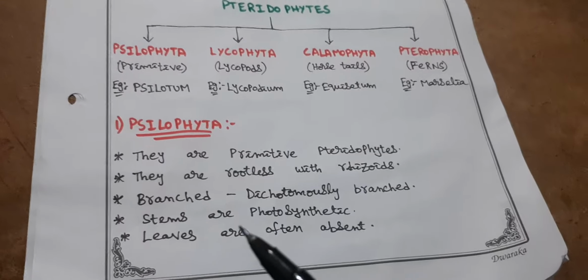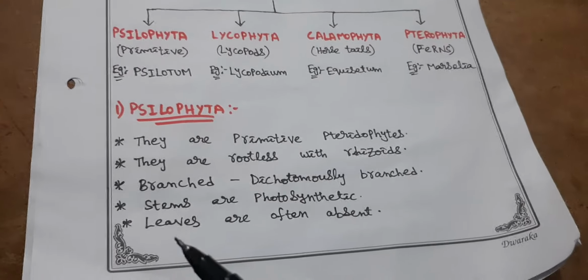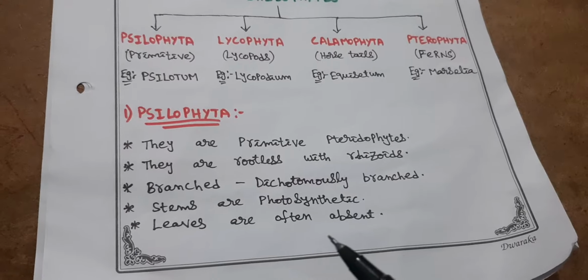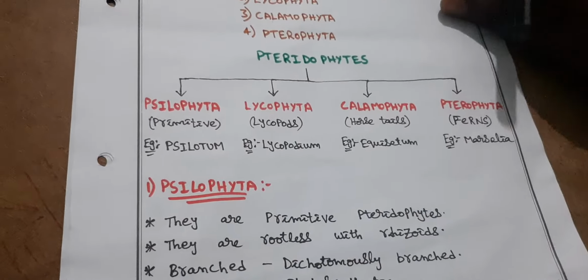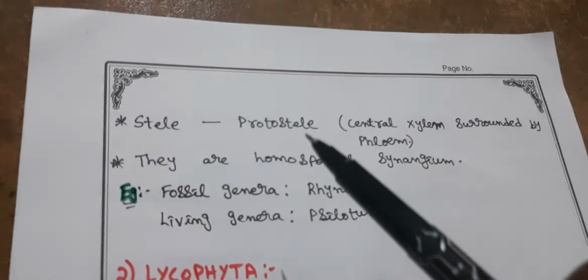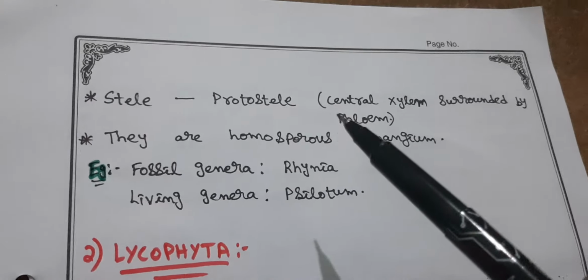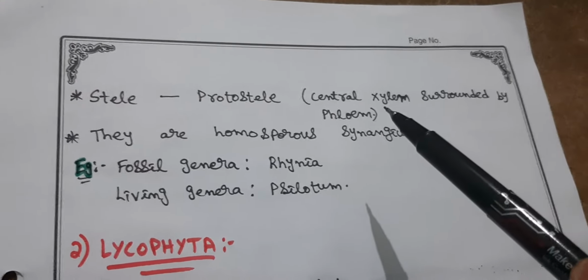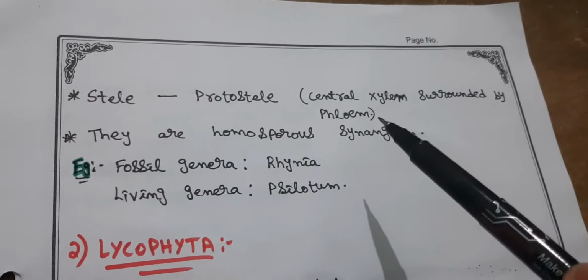That is the reason why stems are photosynthetic. As I said before, leaves are absent. When it comes to stele, they are protostelic in condition. Protostele means central xylem is present and xylem is surrounded by phloem.